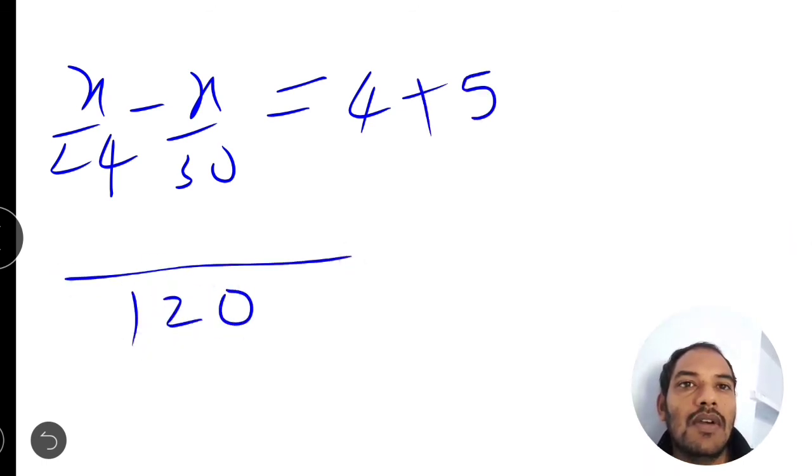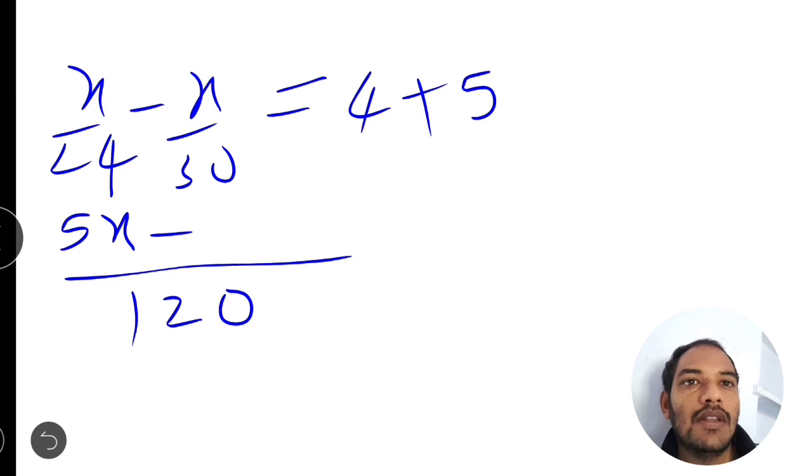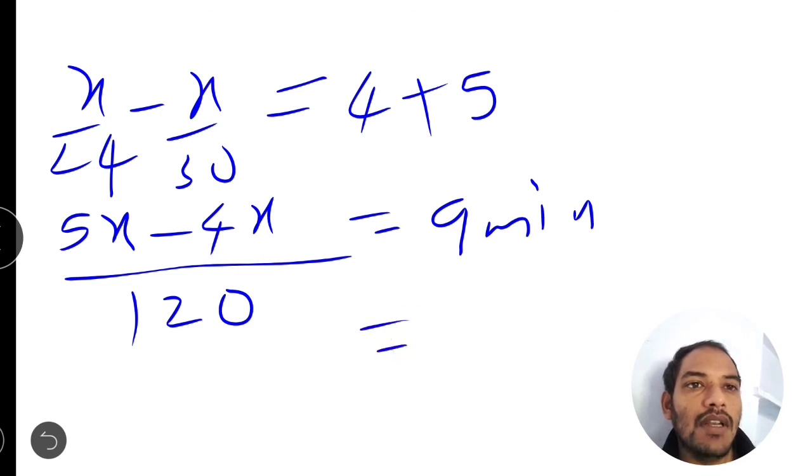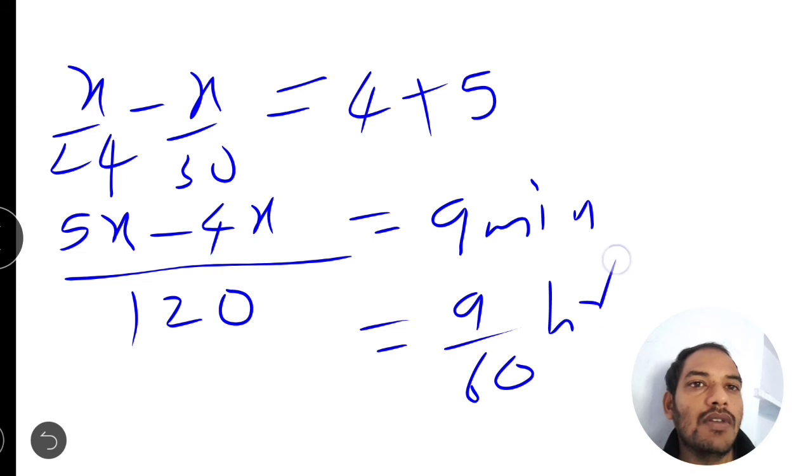Next, 120 in the 24 table, 5s are, so 5 into numerator, minus 120 in the 30 table, 4s are, 4 into numerator, it is equal to 4 plus 5, 9, but this 9 is in minutes, and we need it in hours. So that is why 9 divided by 60. Now it will convert into hours.